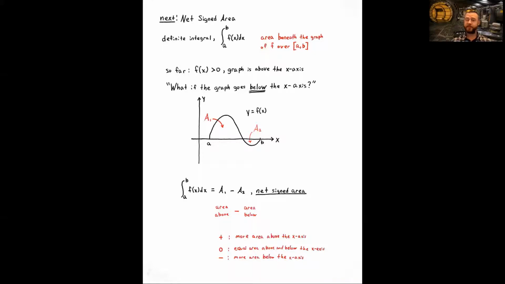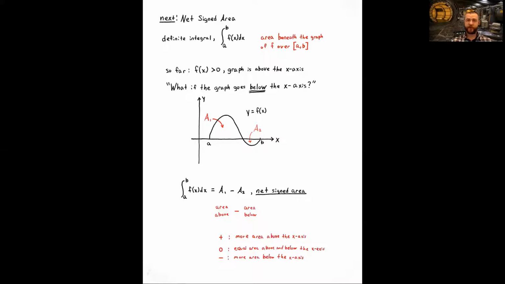That means there's as much area above as below the x-axis. And there is the possibility to get a negative value for the definite integral through this concept of net signed area if there's more area below the x-axis than above. So all possibilities, positive, 0, or negative, are possible for answers to definite integrals.